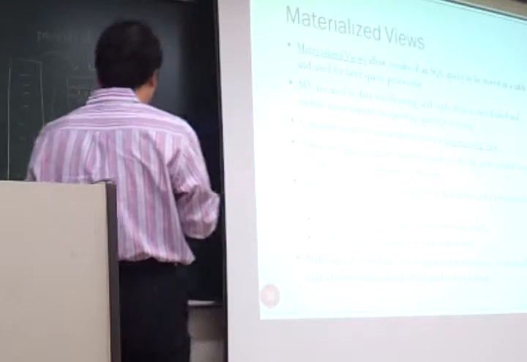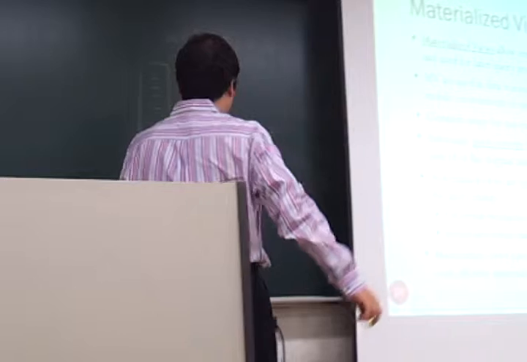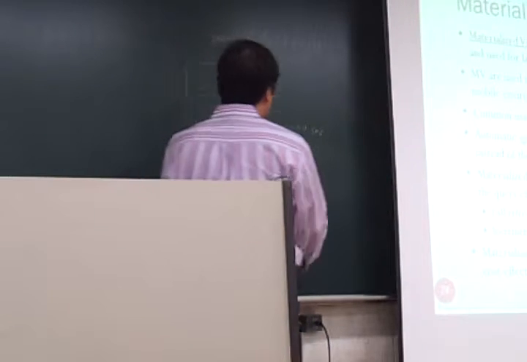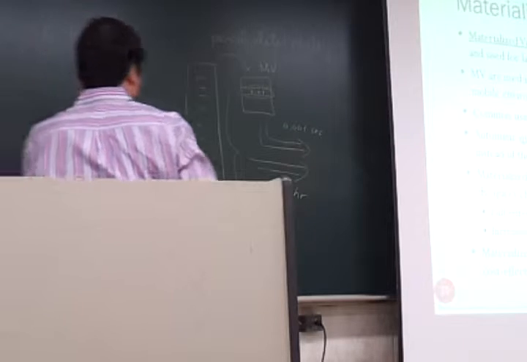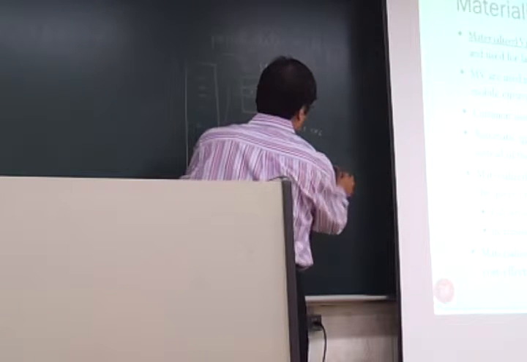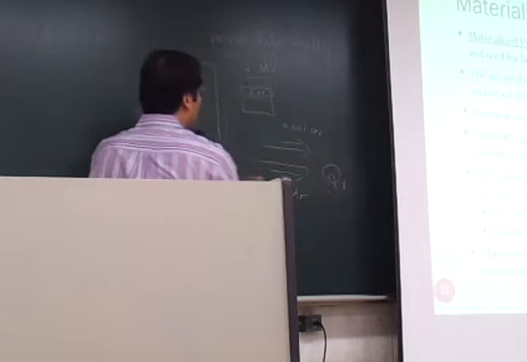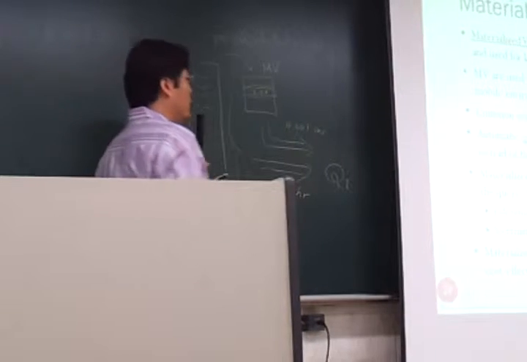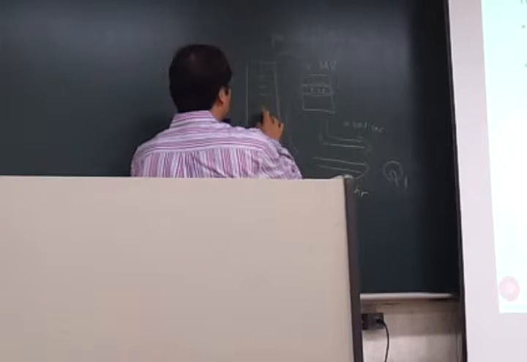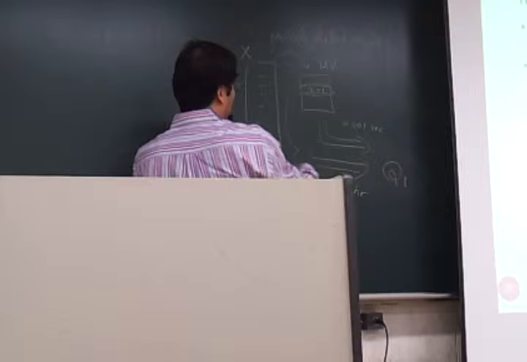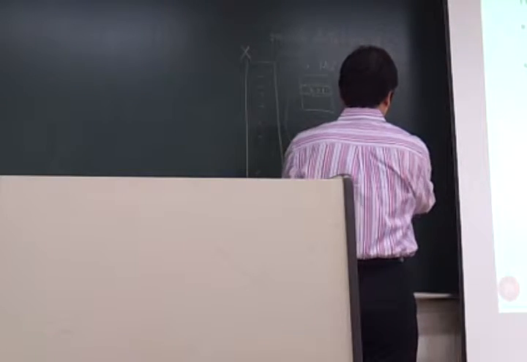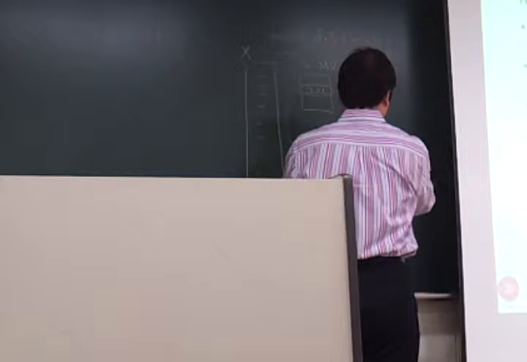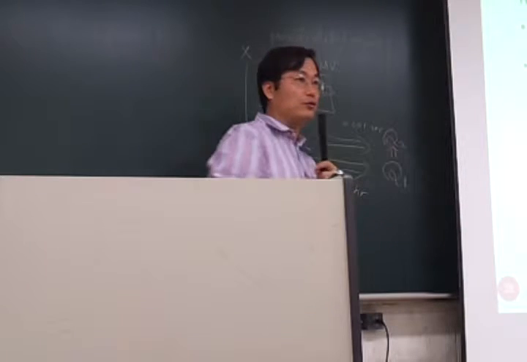Okay? So, when the user came in, he actually asked for, give me the result of Q1. Okay? So the query says, read table X and get me the result. But inside the system, we'll rewrite the query and turn it into Q2.